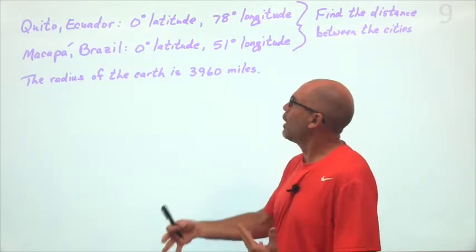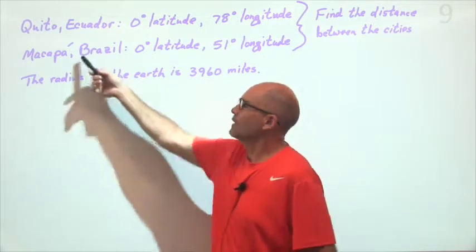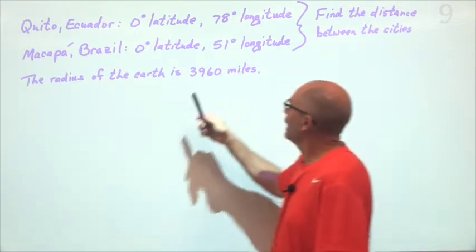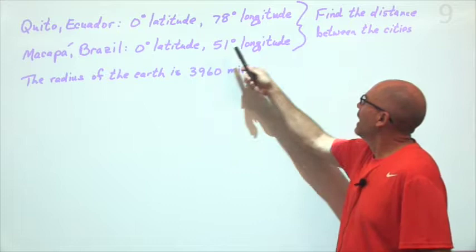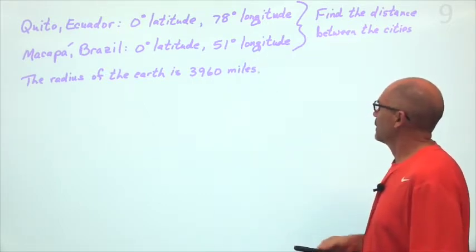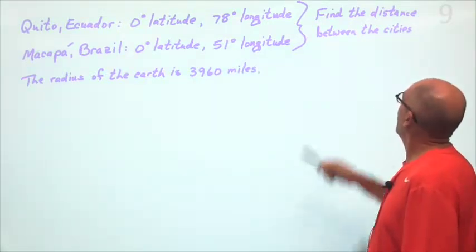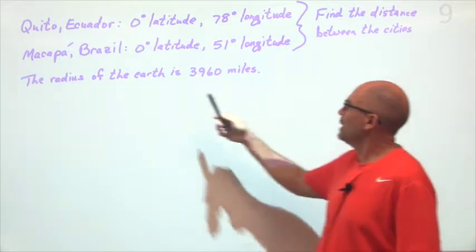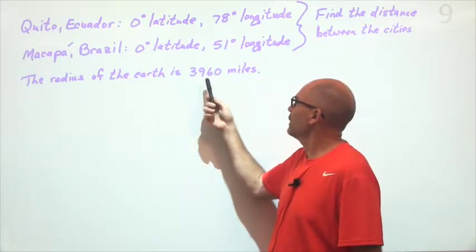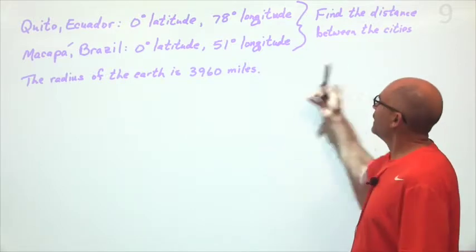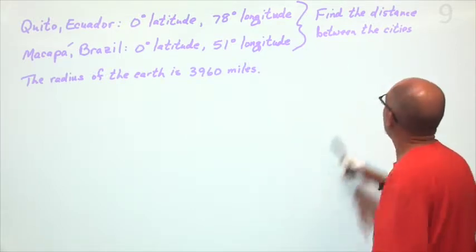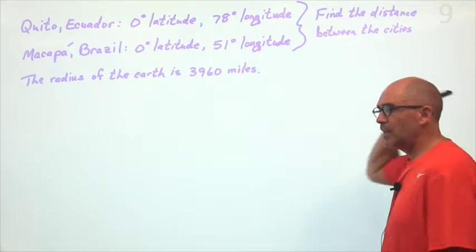Macapá, Brazil is at 0 latitude, which is on the equator also, and 51 degrees longitude. Also, we need to know that the radius of the Earth is 3,960 miles. With this information, we can find the distance between these two cities.